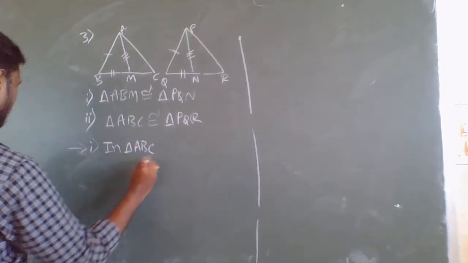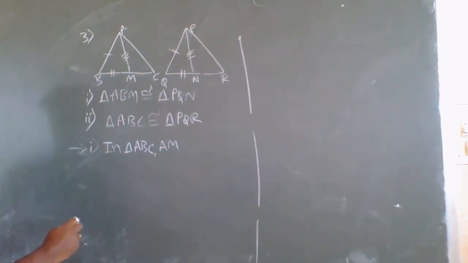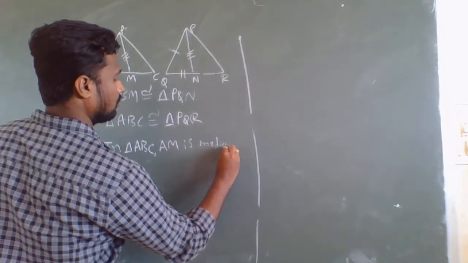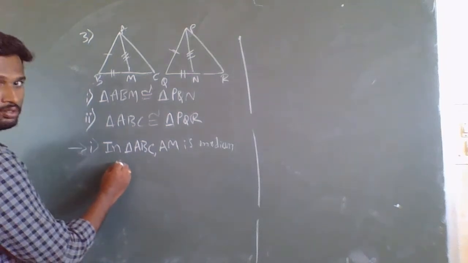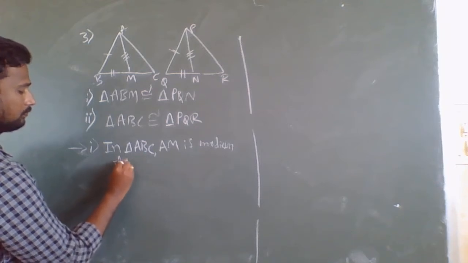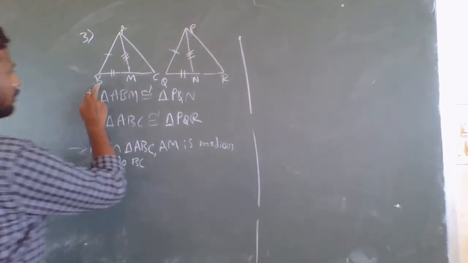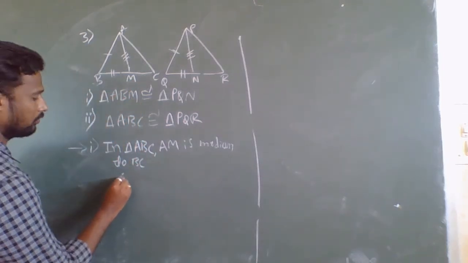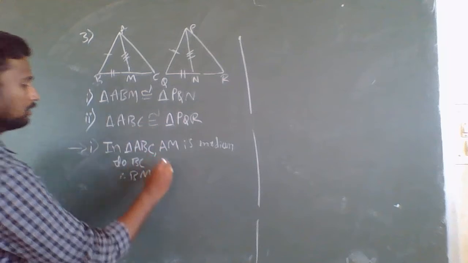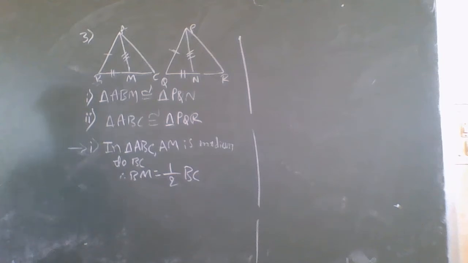In ABC, AM is the median to BC. Therefore, what we can write? BM is equal to half of BC.